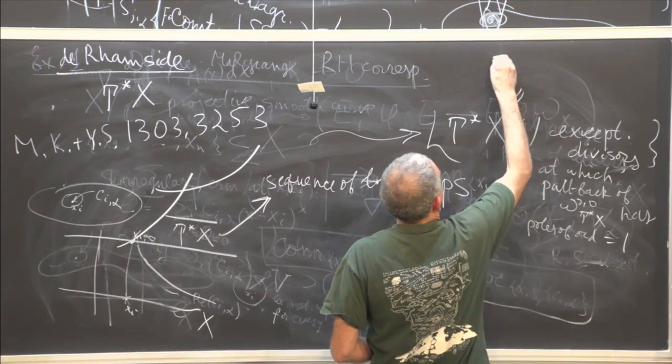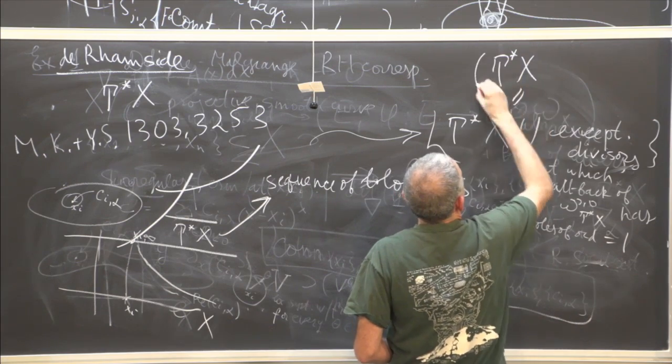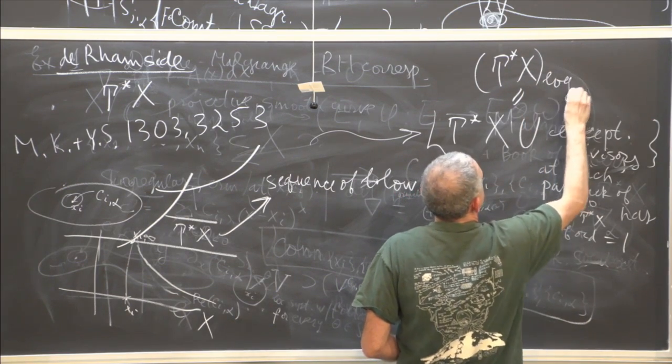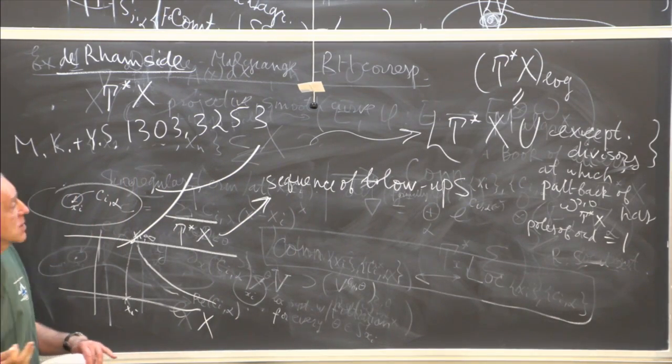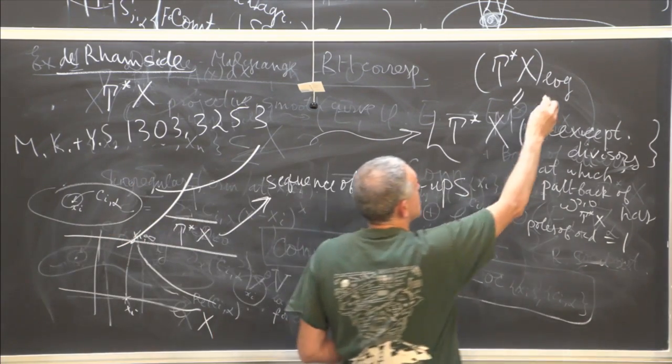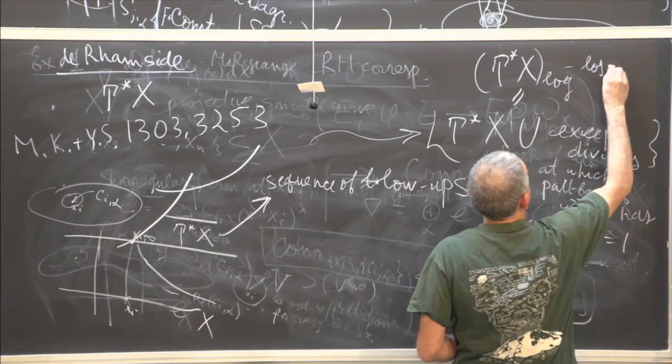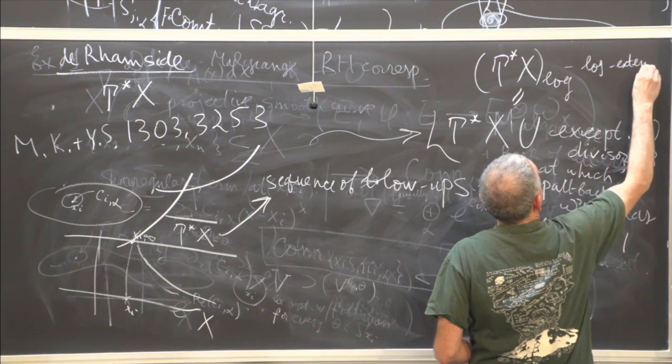let's call it T star of x log. It's not a compactification, it's just a partial compactification of the cotangent bundle, which we call the log extension of the cotangent bundle.